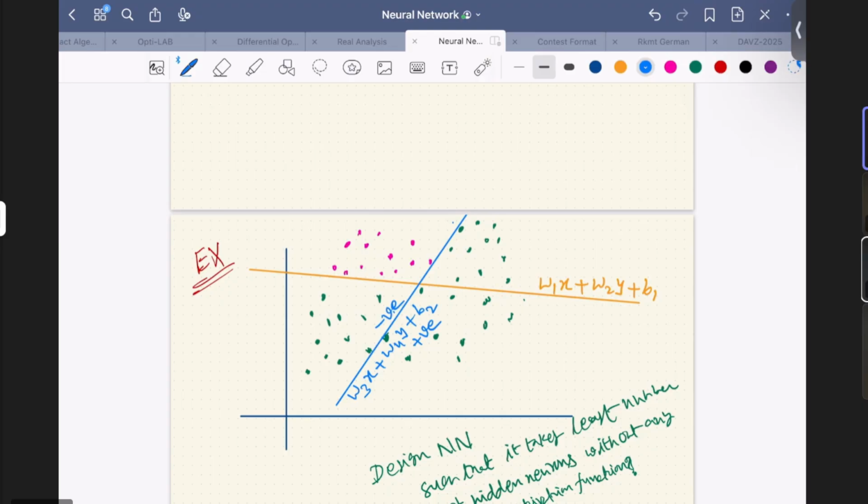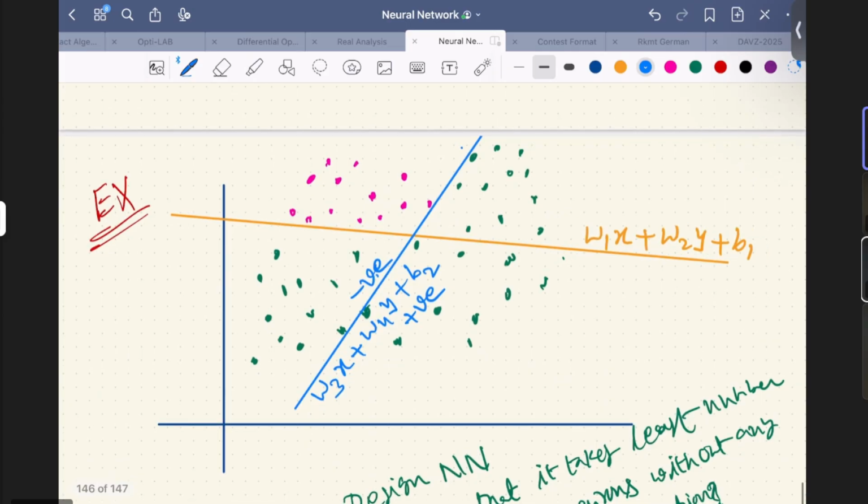Verify once with respect to this coordinate system.